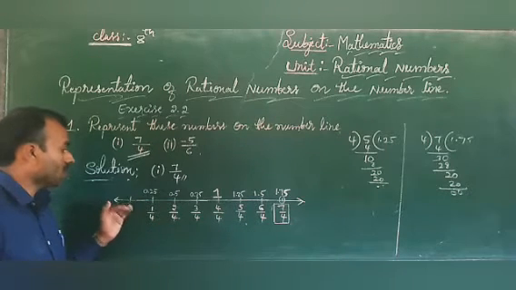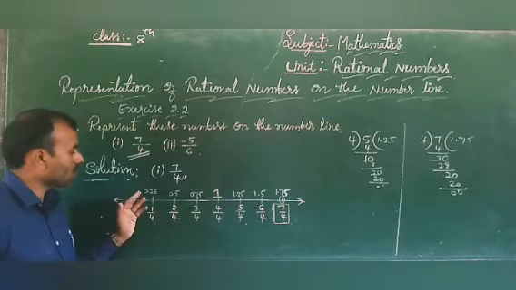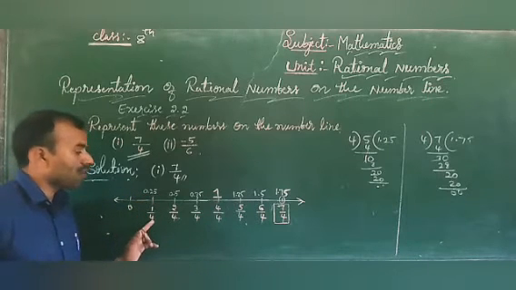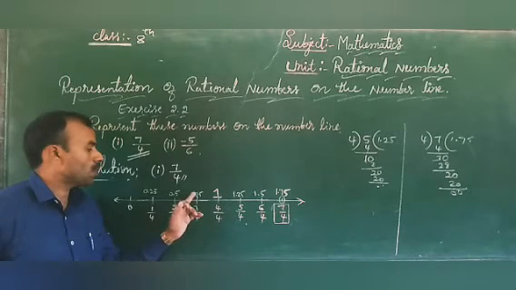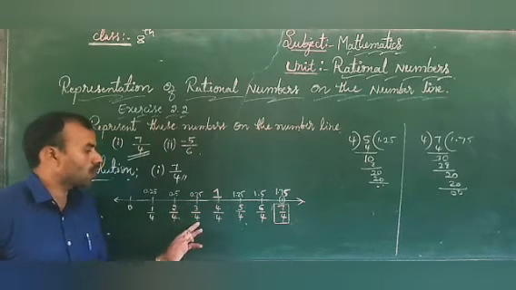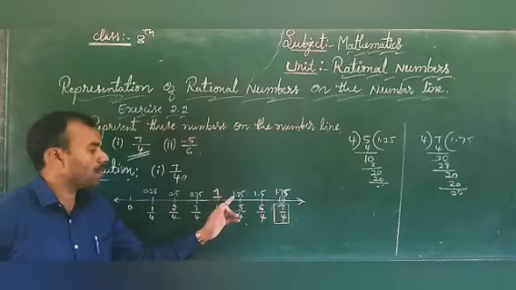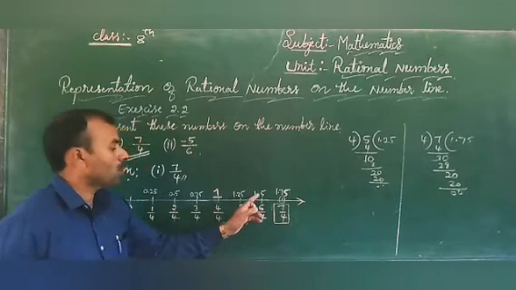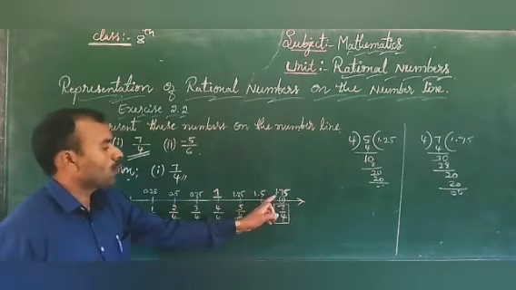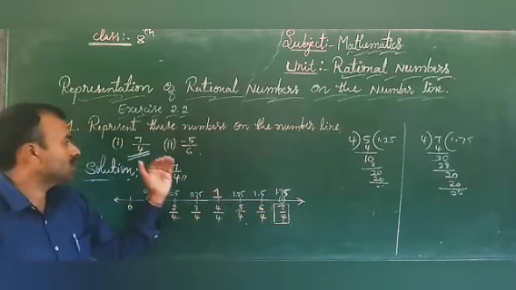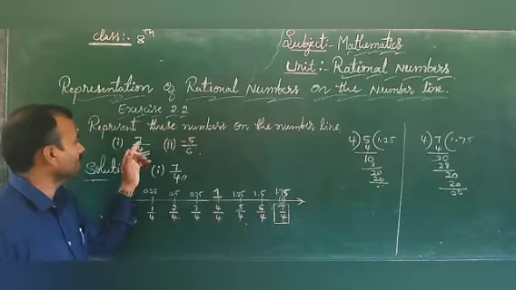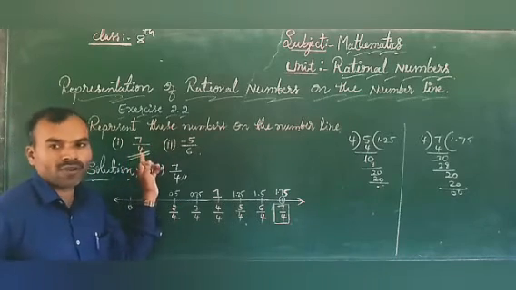Just observe the number line what I wrote here. The numbers on the number line: 0, after 0, 0.25, I take 1 by 4. 0.5, 2 by 4. 0.75, 3 by 4. 1, 4 by 4. 1.25, 5 by 4. 1.5, 6 by 4. 1.75, 7 by 4. The number given in the question to represent on the number line is this 7 by 4.